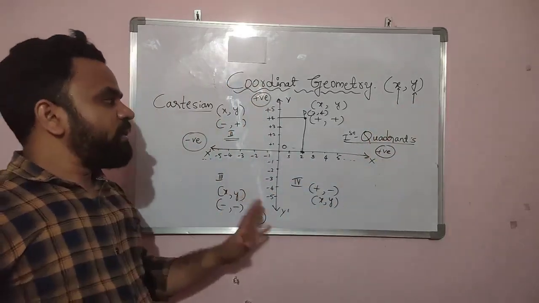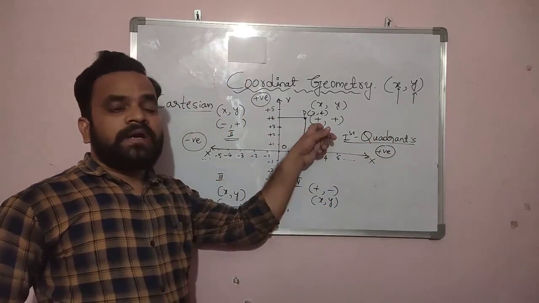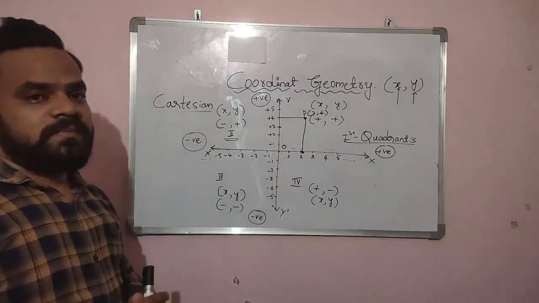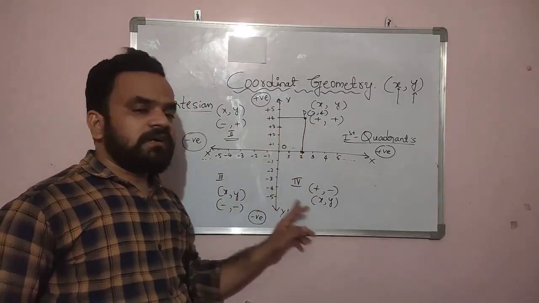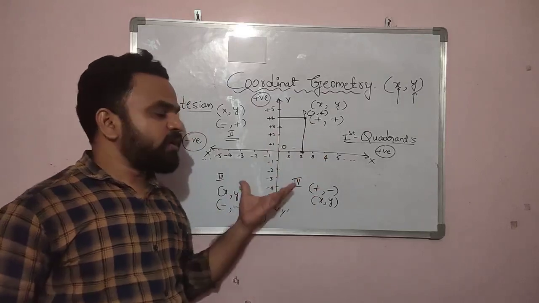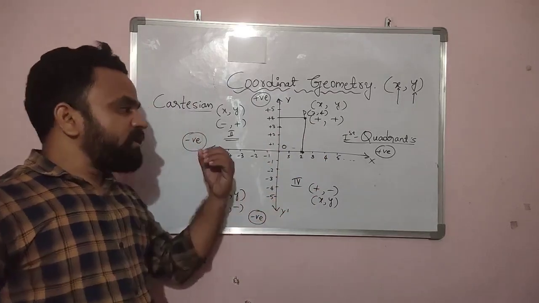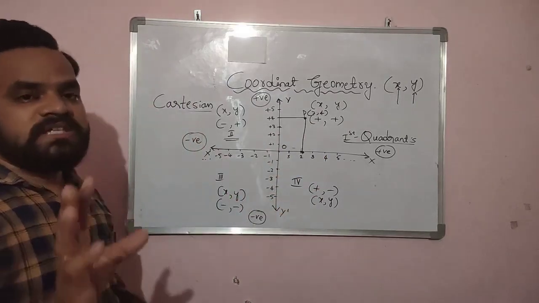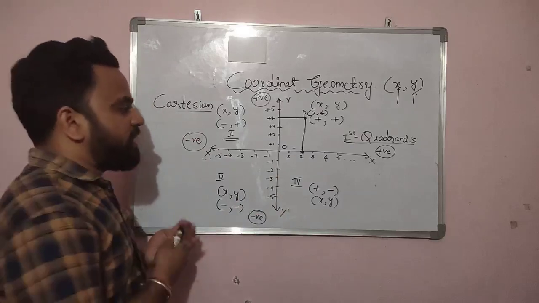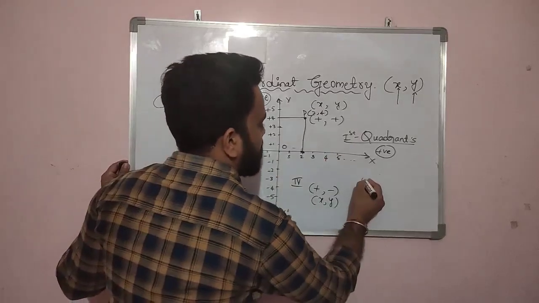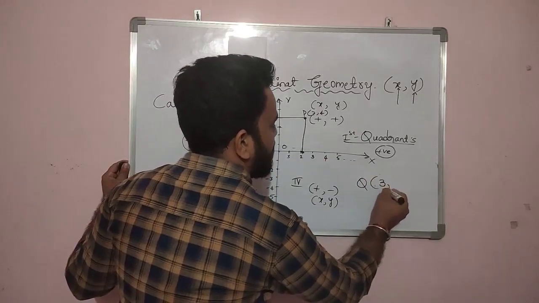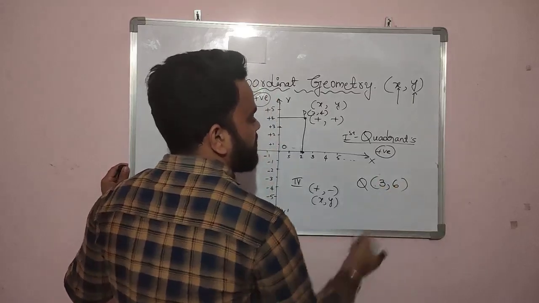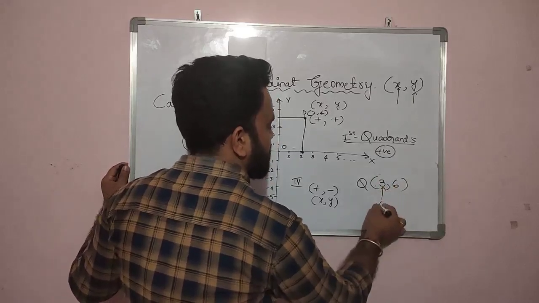In the graph, they may ask you to locate a point, or ask in which of the 4 quadrants a given point lies, or give you points and ask which is the abscissa and which is the ordinate. If we take the point Q equals 3 comma 6, what is the abscissa here? 3 is the abscissa.